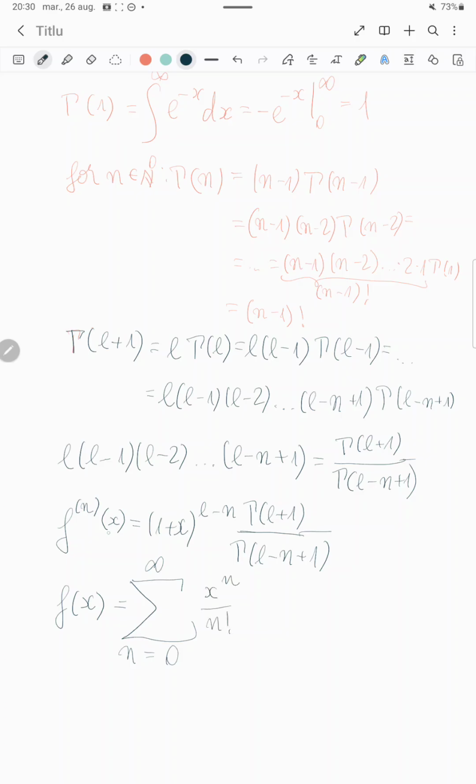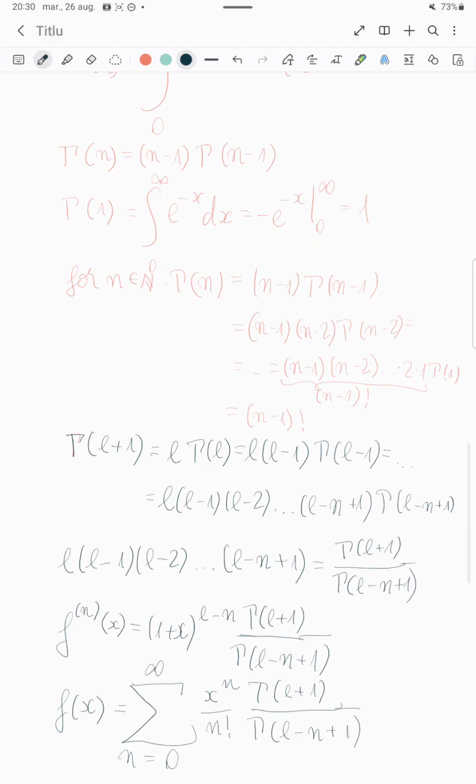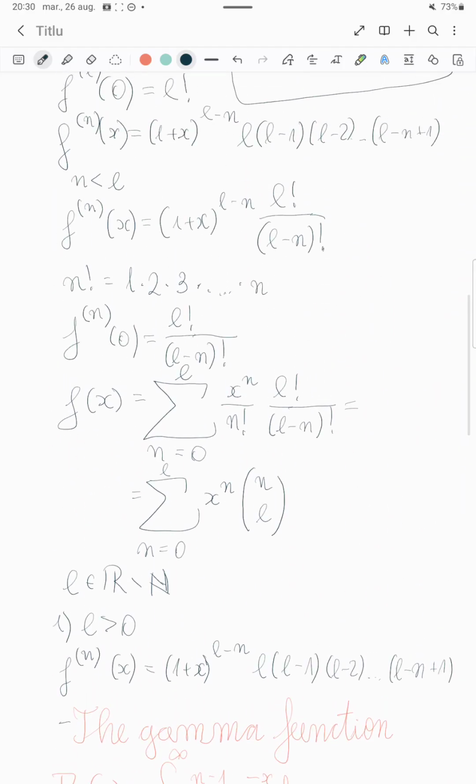Knowing that as we substitute x with 0, this function will have the value equal to this ratio, therefore we will have gamma of L plus 1 divided by gamma of L minus n plus 1. Okay? So pretty much this resembles our binomial expansion as we knew and as I showed here.